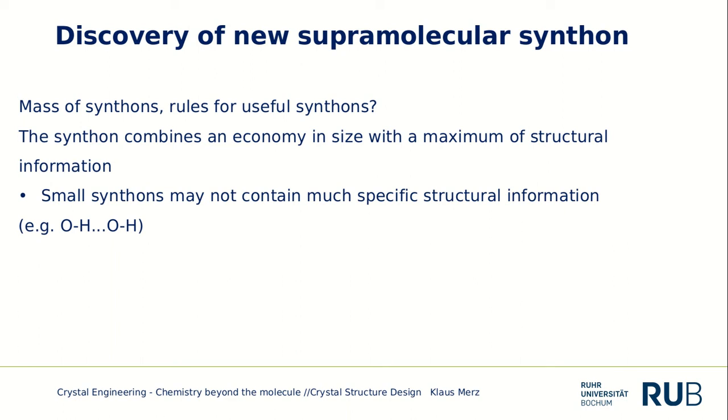For example, if you look only at hydrogen bonds between hydroxy groups, well, this is nice, okay, it makes sense. But it must have a little bit more specific information. Such information is not really useful for efficient planning in crystal engineering. This is more a general feature.